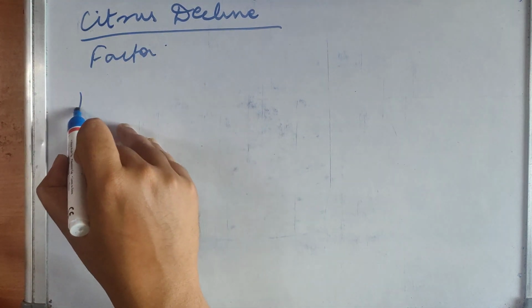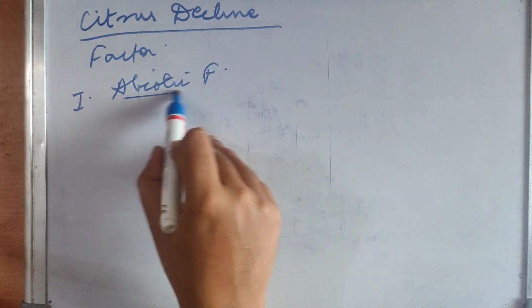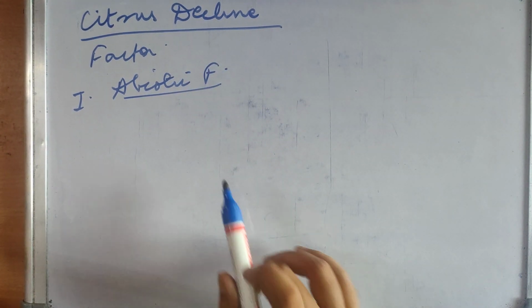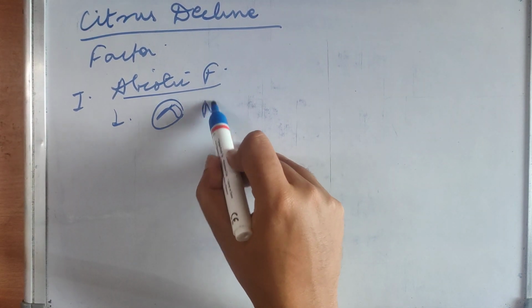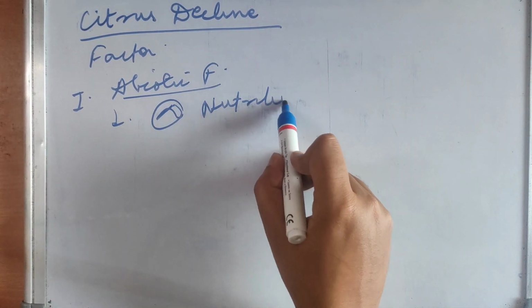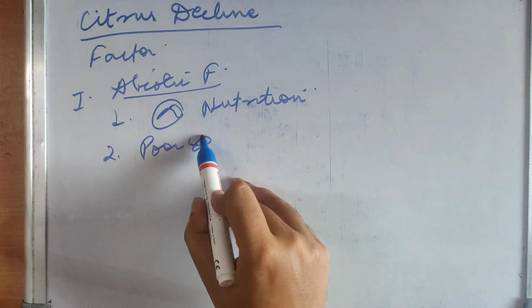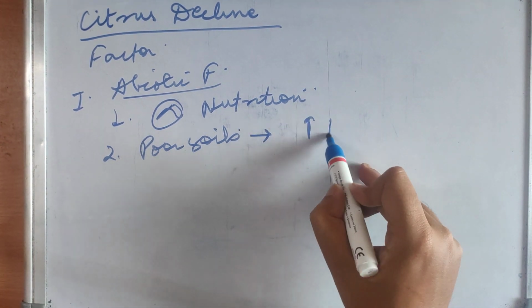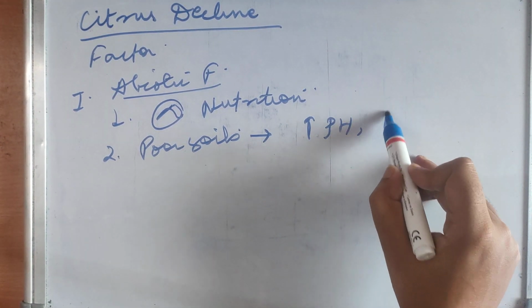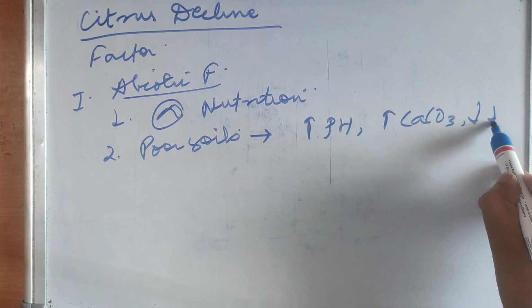First one is abiotic factors. That is, there is not appropriate plant nutrition, lack of appropriate nutrition. Secondly, we have poor soils, especially soils with high pH and high CO3, or you can say low iron and zinc.